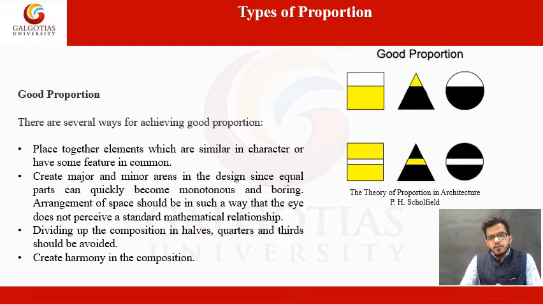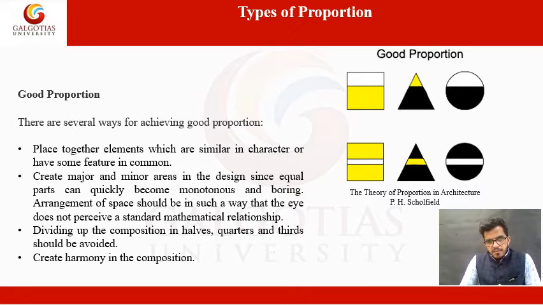When we talk about the types of proportions, we also have a good proportion in architectural design. There are several ways of achieving good proportion. Place together different elements which are similar in character or have some features in common.